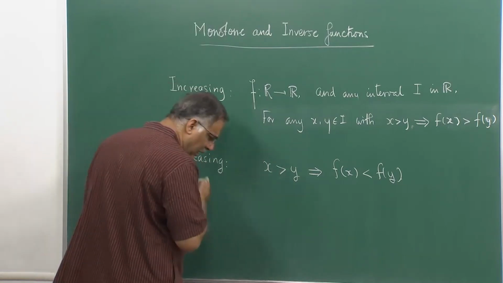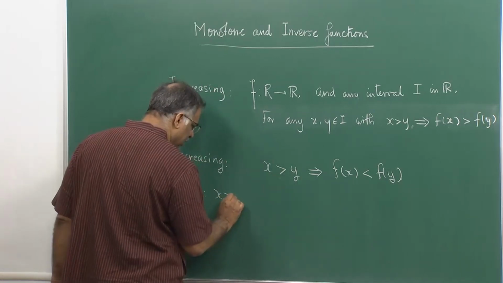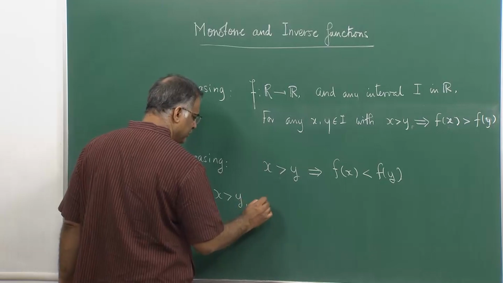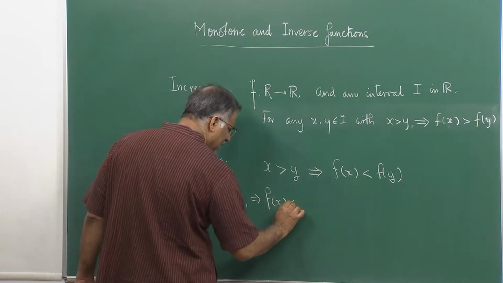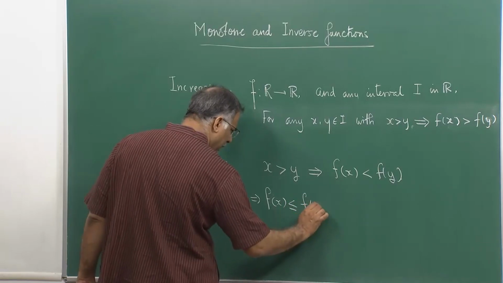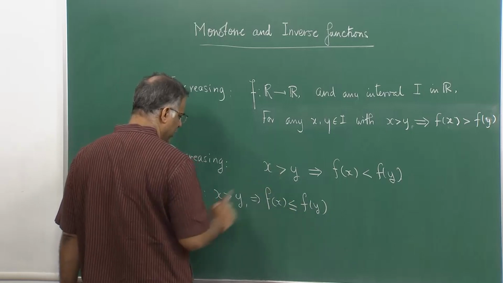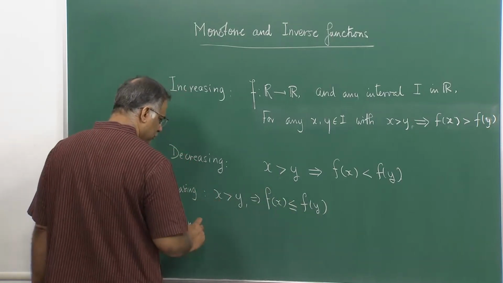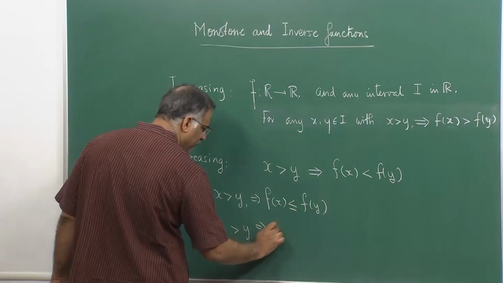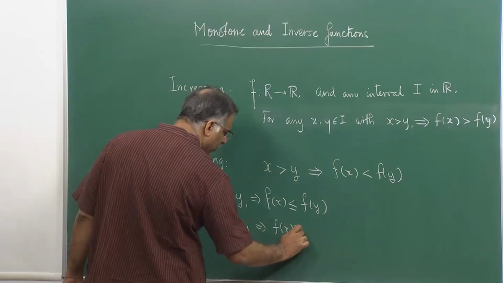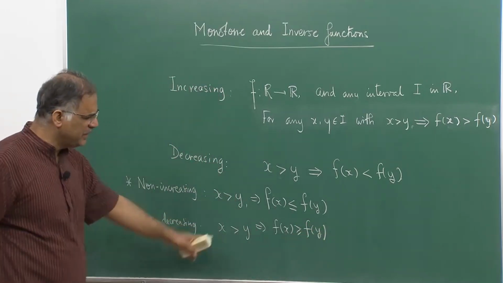If anything happens, it either remains the same or it decreases. So if x is strictly bigger than y, then it should imply that f of x is less than or equal to fy. So it is not increasing. It could remain equal, but it won't increase. And here, if x is strictly bigger than y, then fx is greater than or equal to fy. Fx need not always be strictly greater, even if x is strictly greater.